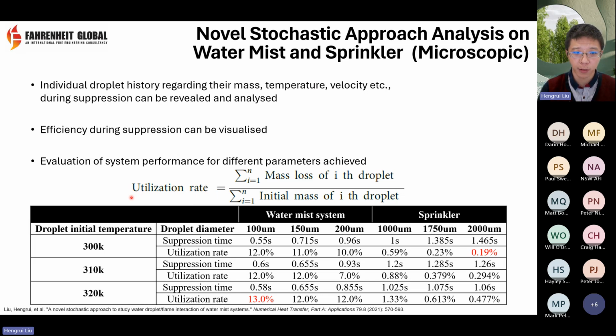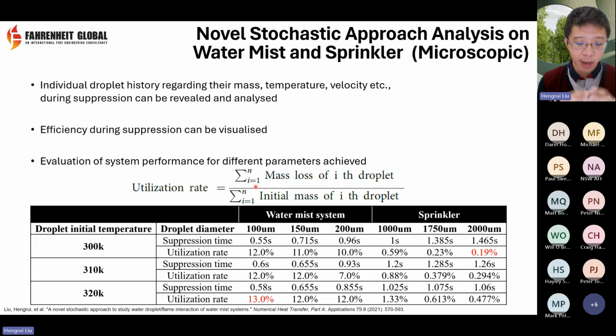So how I define this utilization rate is, like we said, we are tracking each and every one of the droplets. So imagine one of the droplets, at its emission from the nozzle itself, let's say it has 10 grams of initial mass, for example, or 1 gram, depending on how big the droplet is.